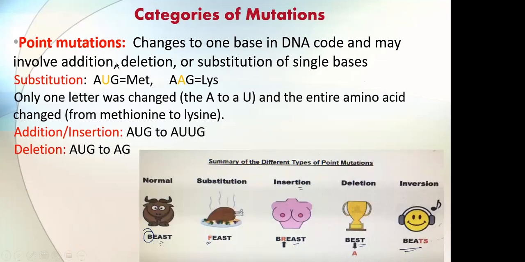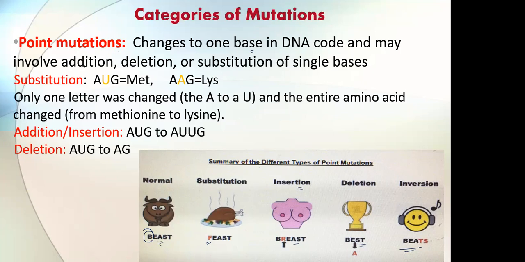Point mutation, that only changes one nucleotide base. Over here B got substituted with F, so only one nucleotide base has been changed. That's the point mutation. Just one point of the chromosome got changed.